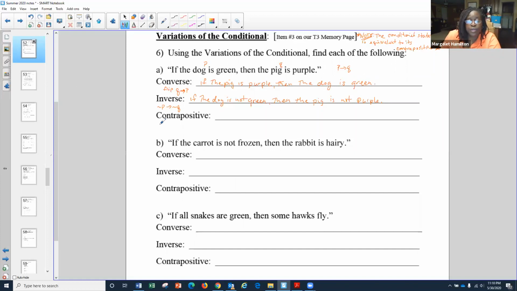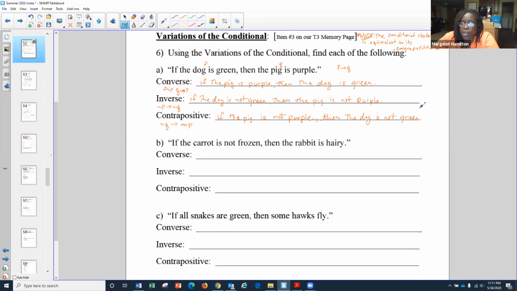So we have negation Q implies negation P. So now we have if the pig is not purple, then the dog is not green. So there's our contrapositive.